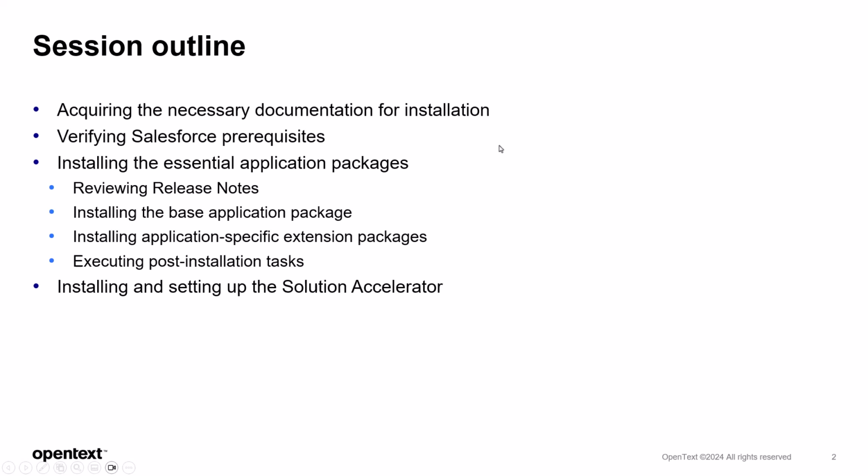We validated the Salesforce prerequisites and made the necessary changes in order for the installation to be successful. We installed the application packages, the base and the extension package. We manually executed the post-installation tasks, which normally would be automatic. And last but not least, we installed the Solution Accelerator in the system to provide a template configuration.